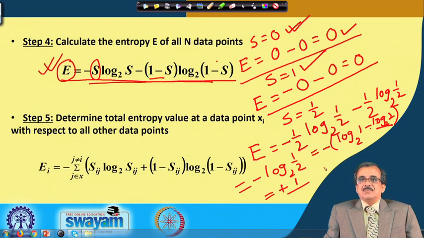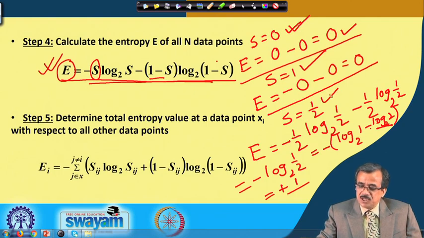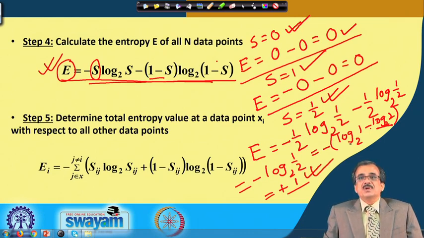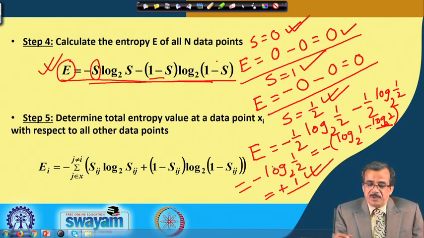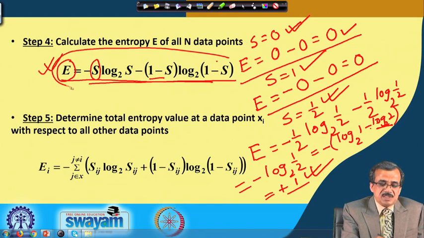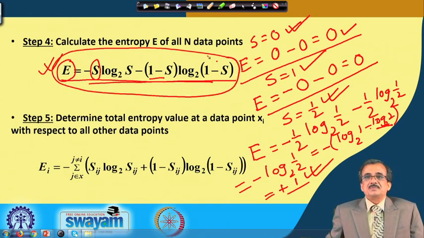So, when similarity is 0.5, the entropy becomes equal to 1.0. Based on this particular philosophy, this relationship has been derived.